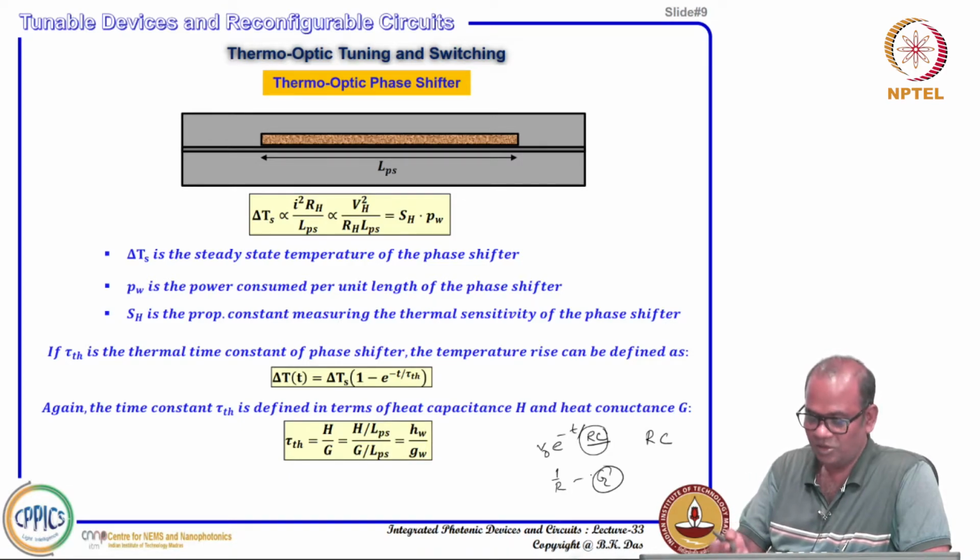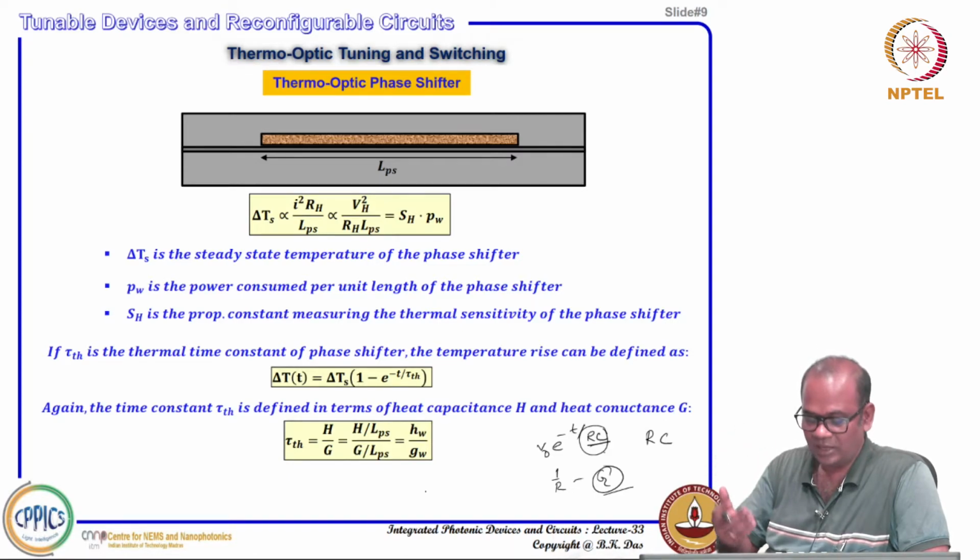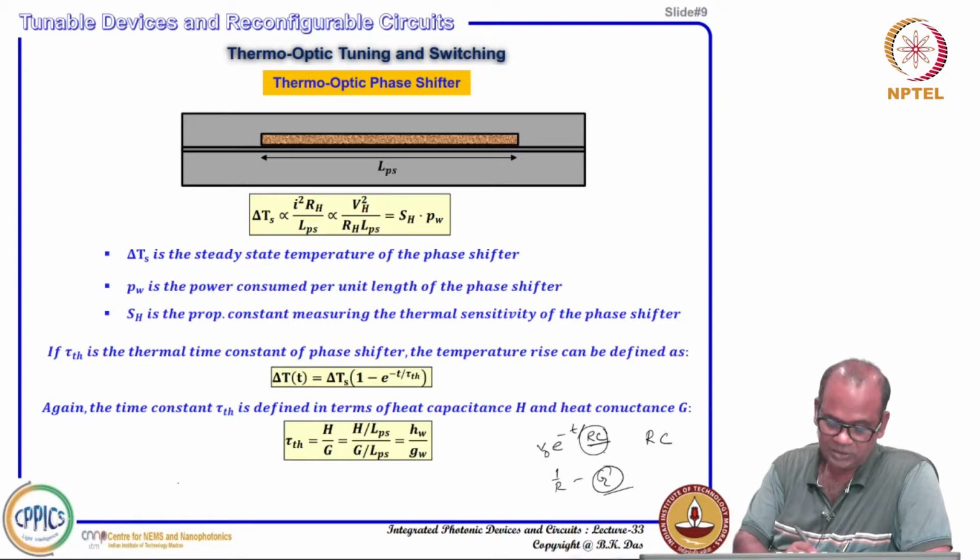thermal resistance. So, that means like in an RC circuit, whatever conductance or resistance is responsible, here also the thermal constant is responsible for how fast it is cooling or how fast it is heating up; that depends on the thermal conductance.